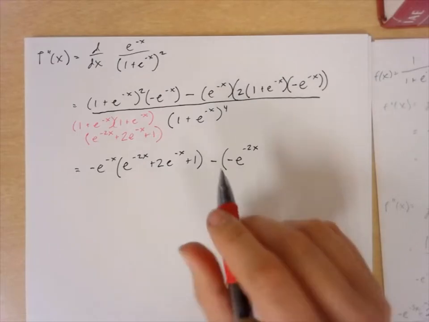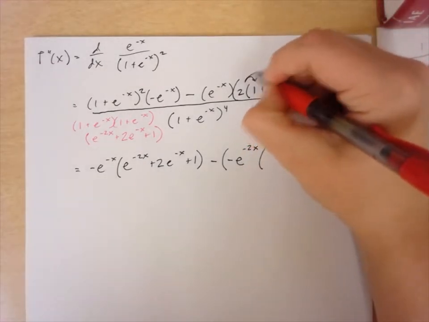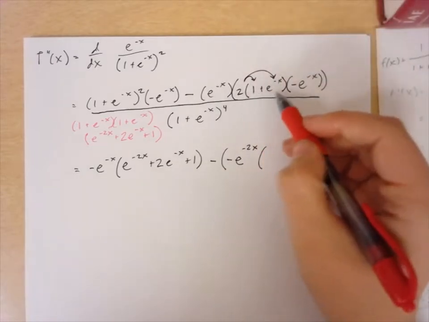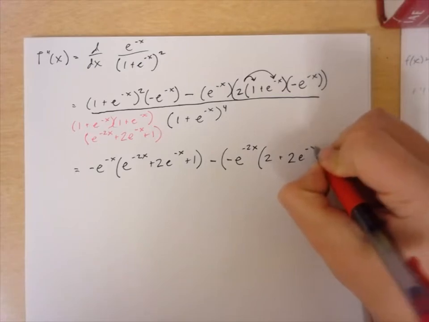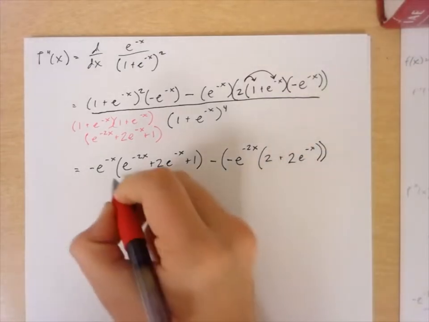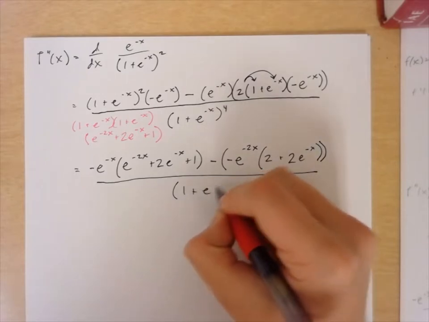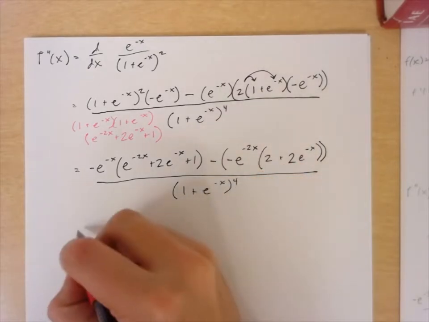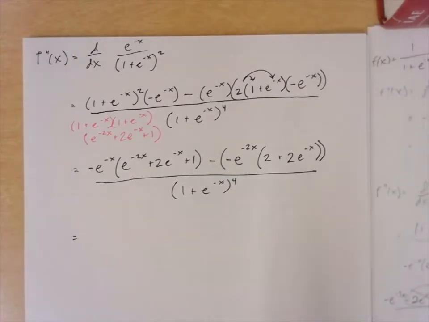And then I say that's times this part distributed. The 2 distributed back, so 2 plus 2e to the negative x. And I have that all over 1 plus e to the negative x to the 4th. I know I got a lot of e's to negative x's here, but we'll get through it.